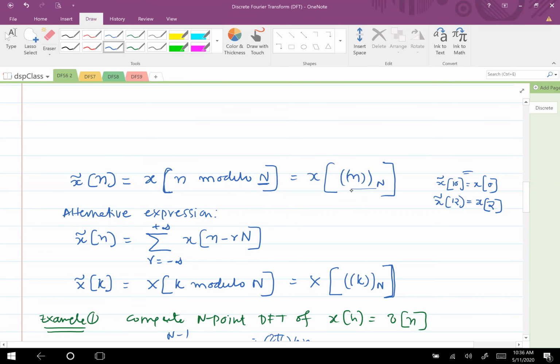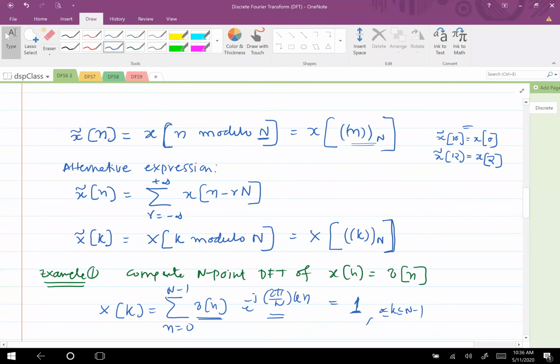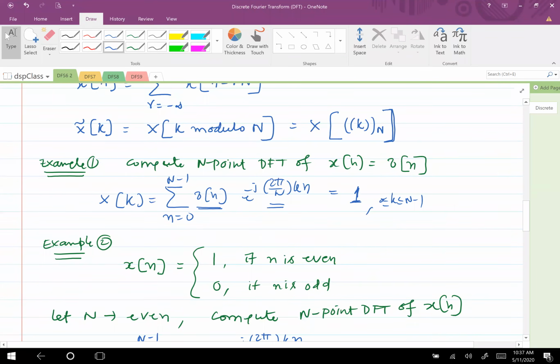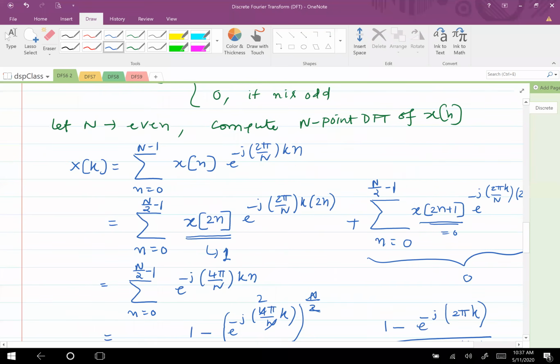So you simply need to take the modulo operation. What we mean by that is you divide by N, and whatever is the remainder, that's what it gets attributed to. And if the value inside the modulo is negative, then you take N minus that value. That's all.